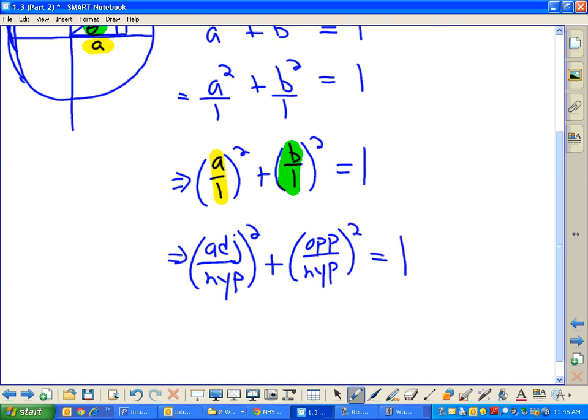Still equal to 1 on the right side. Can anybody tell me what adjacent over hypotenuse is? Cosine. And it was squared, theta. Opposite over hypotenuse, what's that? Sine squared theta. And then this is still equal to 1.